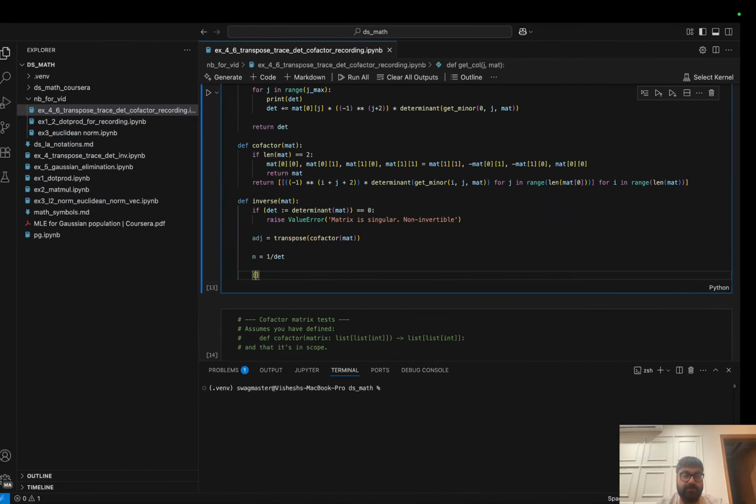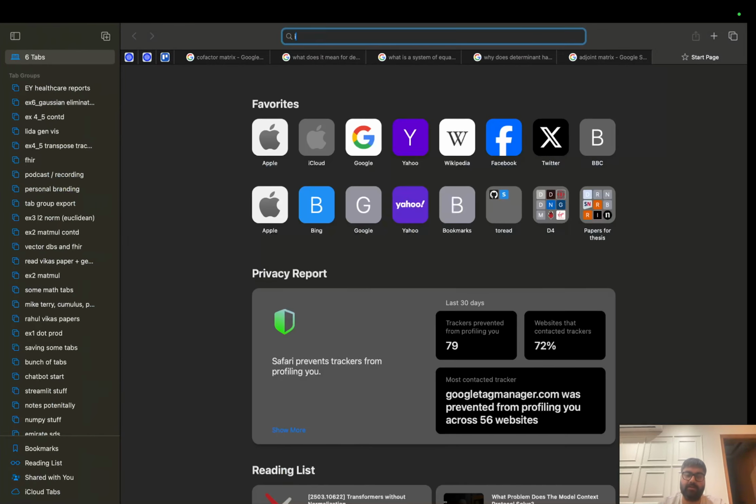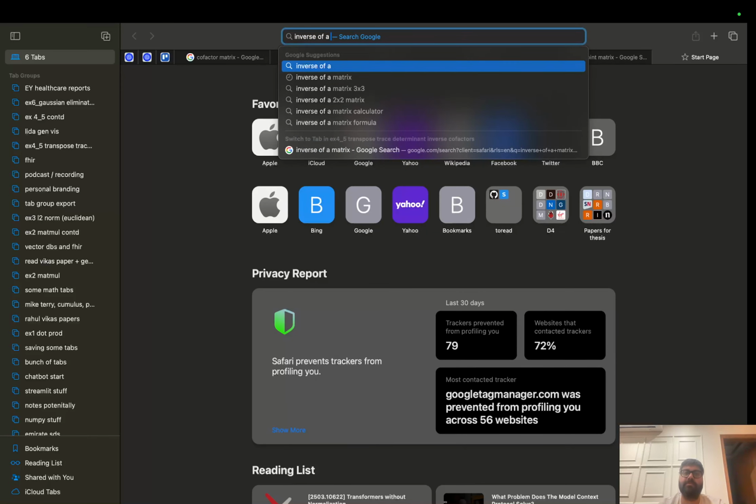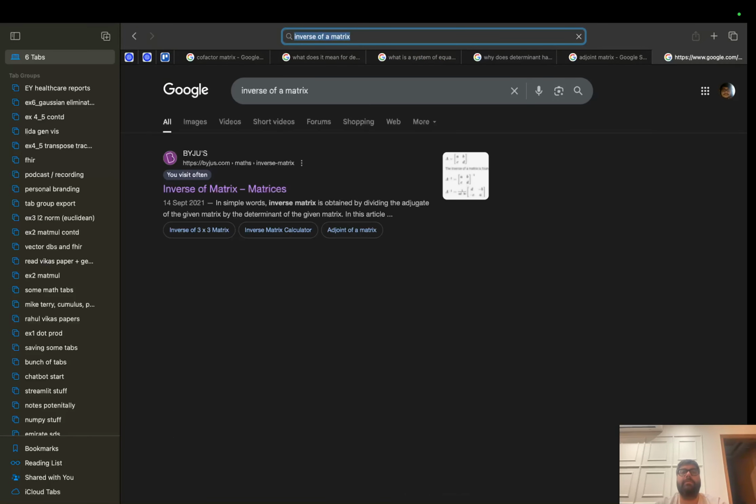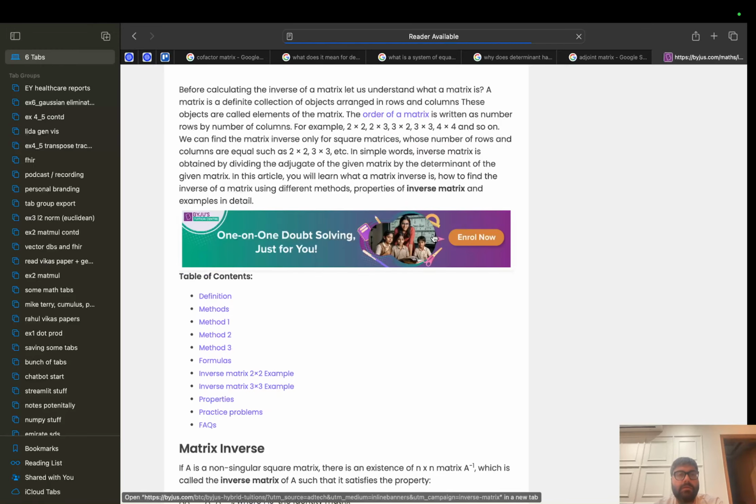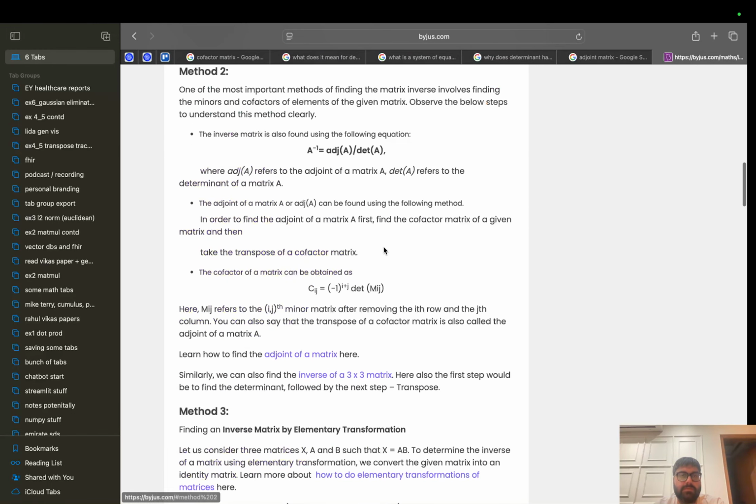Let's just confirm. I remember very clearly that the inverse of a matrix, I think it was in method 2 over here. Yeah, adjoint can be found using the following method. Yeah, inverse is just essentially 1 over determinant times the adjoint, or adjoint over determinant, however you want to define it.